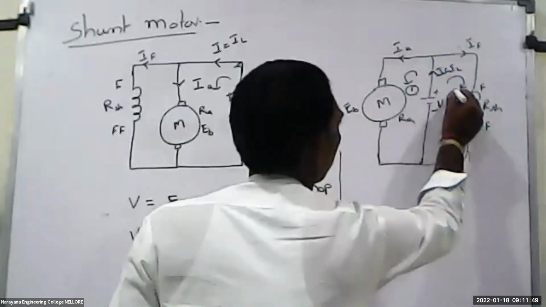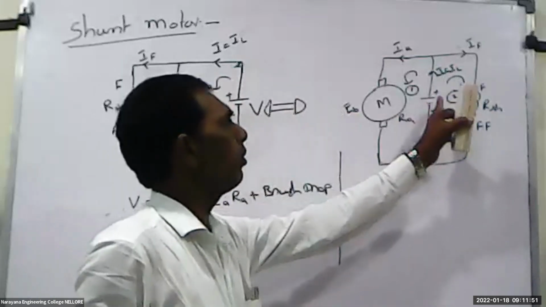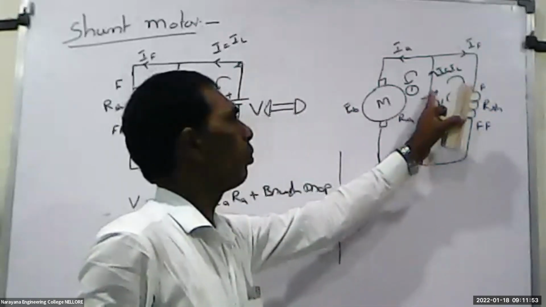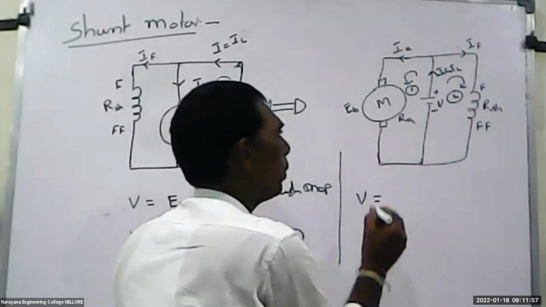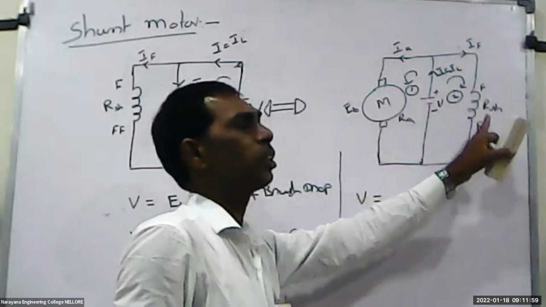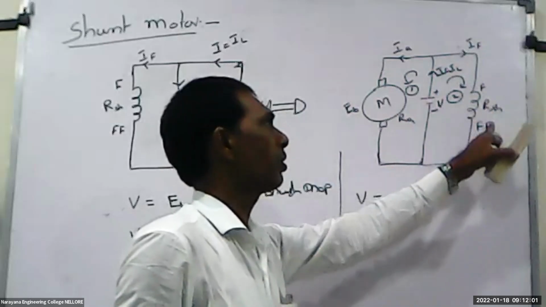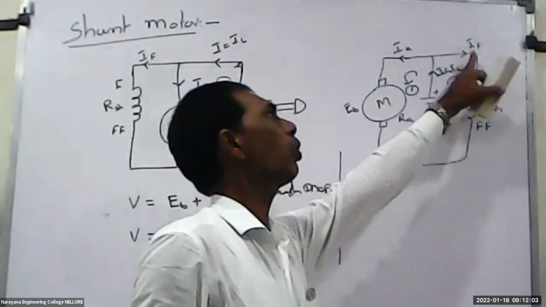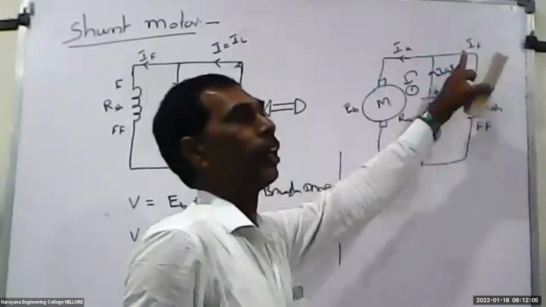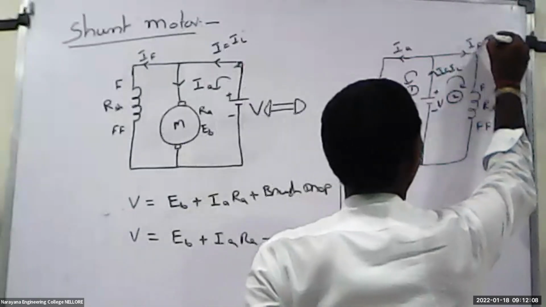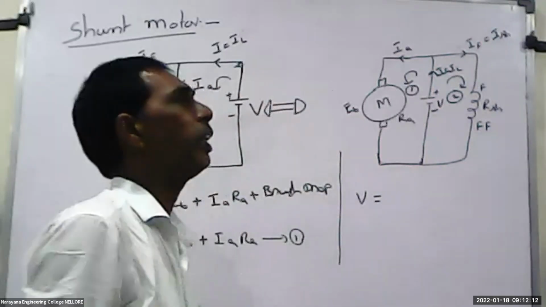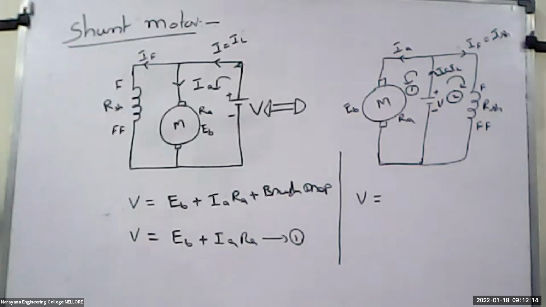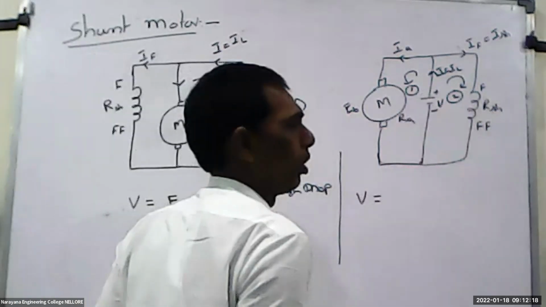Here, loop 2. Apply KVL: the voltage rising is equal to V, and the voltage dropping is across only one resistance, that is RSH, and the current passing through it is represented as IF. In some cases this is also represented as ISH, because of the field winding, the current is represented as ISH and the resistance as RSH.